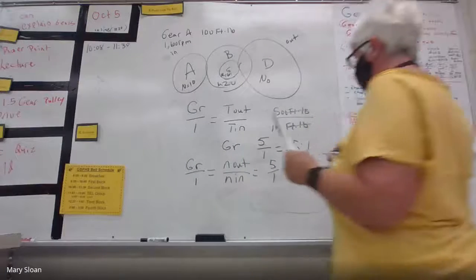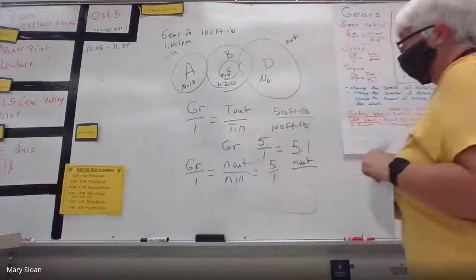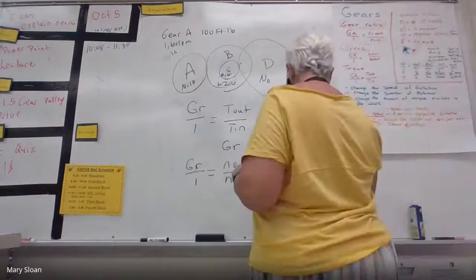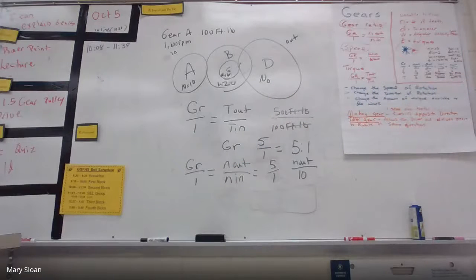We don't know. What's my number in? 10. Okay, 50. Right. That's not 50, say that out loud. So how many teeth do I have for D? 50. Okay, there you go.